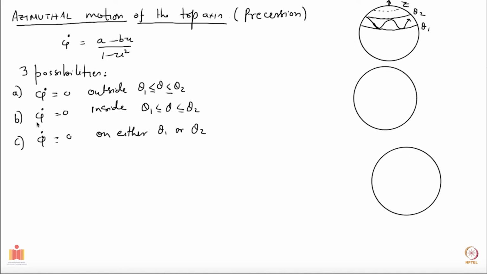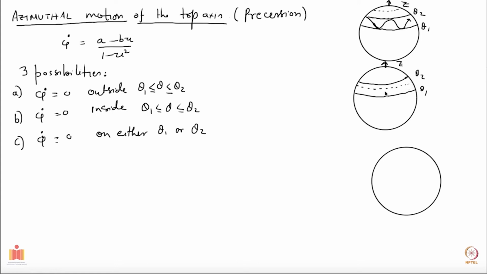Now let's go to the second case where phi dot is 0 somewhere between this region. So let me first draw. This is my z. This is the theta 1 and theta 2 region, and I'm saying somewhere here I have a solution of phi dot equal to 0.